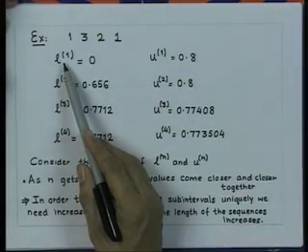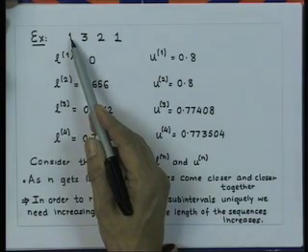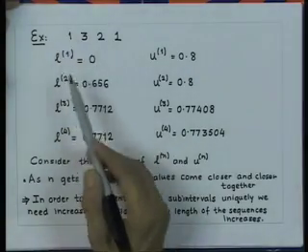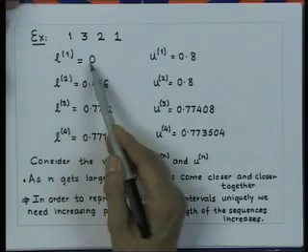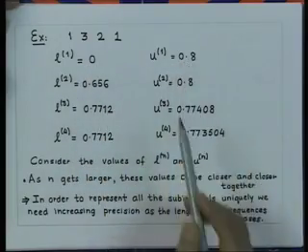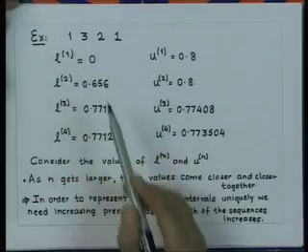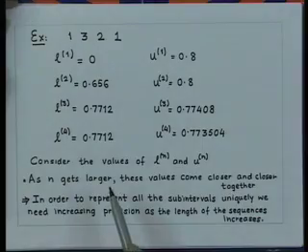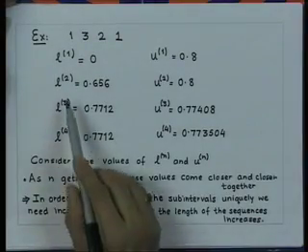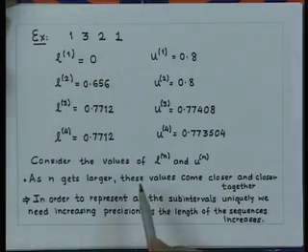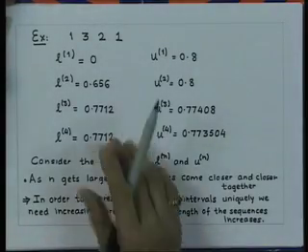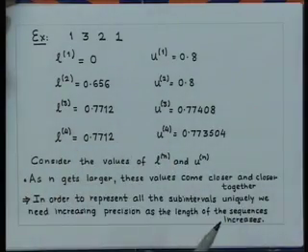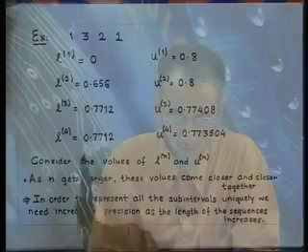If we examine the values which we had obtained then, they are shown here. At step number 1, when we have received the first symbol in the sequence, that is 1, the lower limit is 0 and the upper limit is 0.8. After we have received the symbol 3, the limits are shown here. From this result, it is clear that as n gets larger and larger, these values of ln and un come closer and closer together.